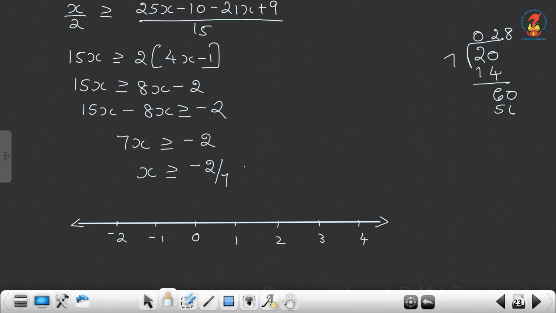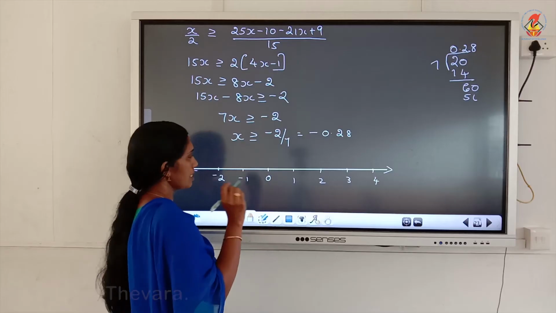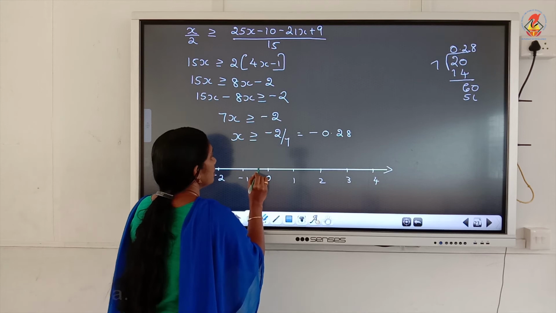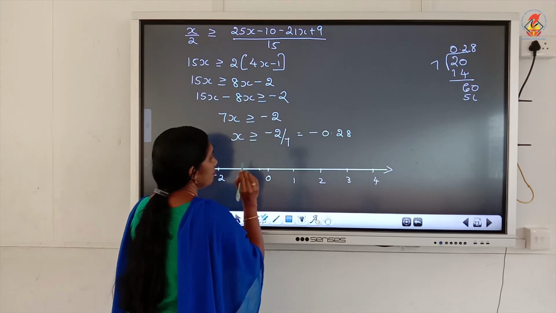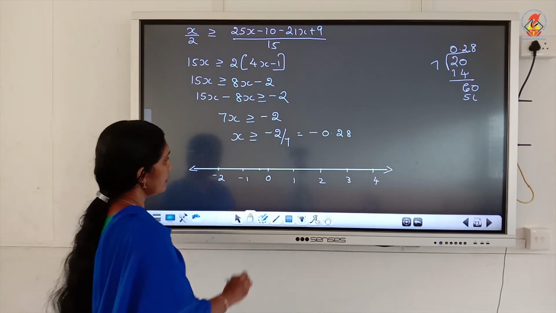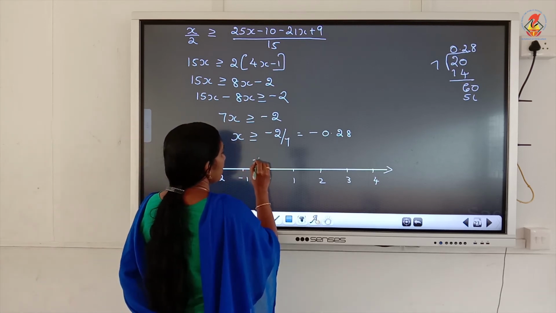And this is −0.28 something. That is minus. This is 0. Right side of 0 is positive numbers. So this is negative. Left side you have to mark. And approximately you put a point here. That is −0.3 something. So just here you put a point. Okay. That is −2/7.